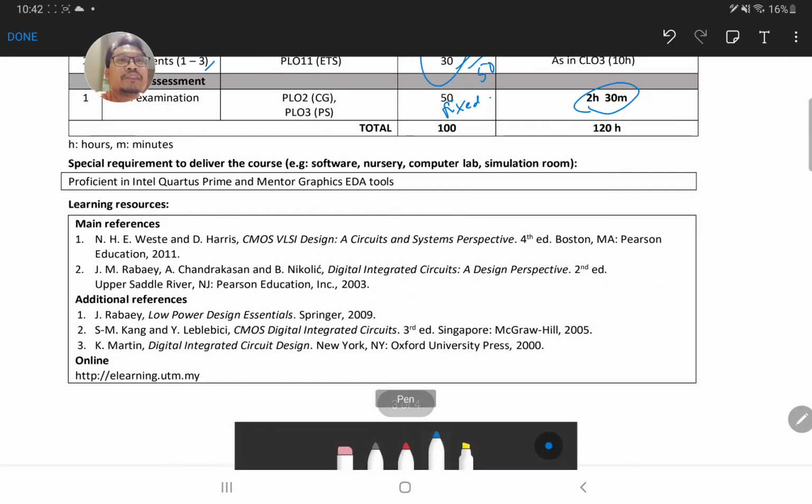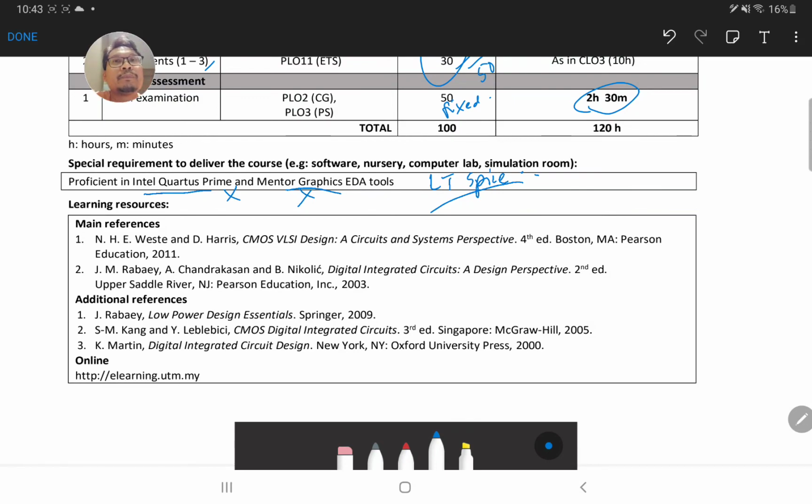And the tools that we're going to use, I think this is Dr. Nasir. I think previously, normally he teaches this course, he uses Quartus and Mentor Graphics. But for me, I think for us, me and Prof Abu, I think we are not going to use these tools. We're going to use LTSpice. And this one is for SPICE simulation, transistor level design. But for layout design, we haven't finalized yet.